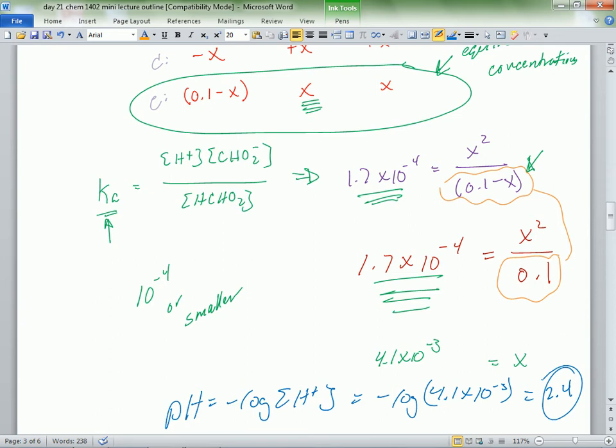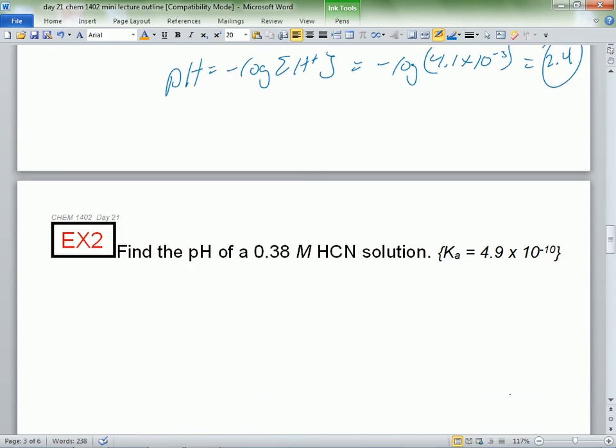I want you guys to work like dogs. Now, 10 to the negative 4 is right on our borderline. We can still drop it. 10 to the negative 3, 10 to the negative 2, 10 to the negative 1. Anything bigger than 10 to the negative 4, and then you're going to have to do a full quadratic, right? So we'll see what kind of mood I'm in.